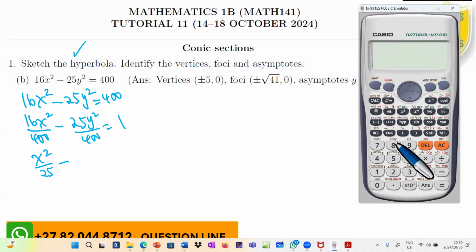25 divided by 400, so y squared out of 16.